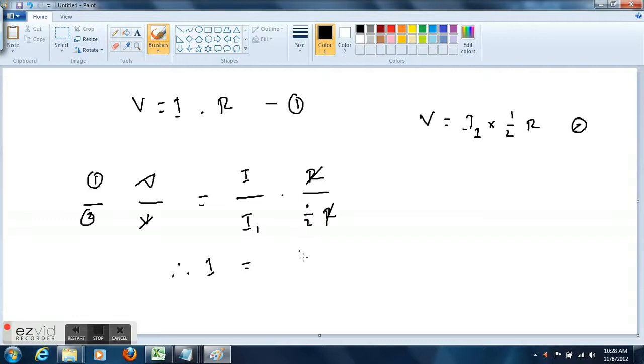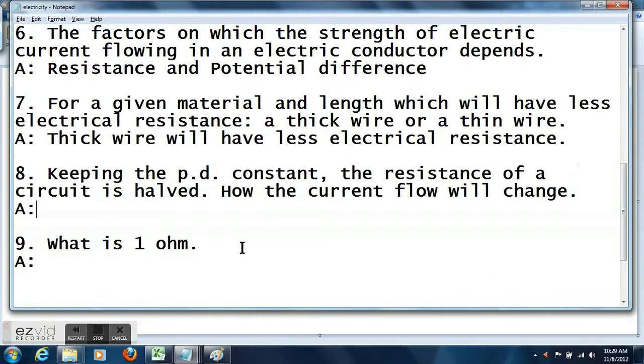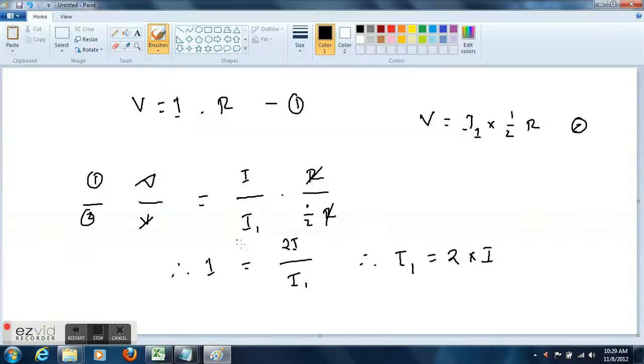So 1 equal to 2I by I1. That means the new I1 will become 2I. Therefore current flow will be doubled. So if the resistance is halved, current flow will be doubled. Simple. If you reduce the resistance, current will flow more easily.